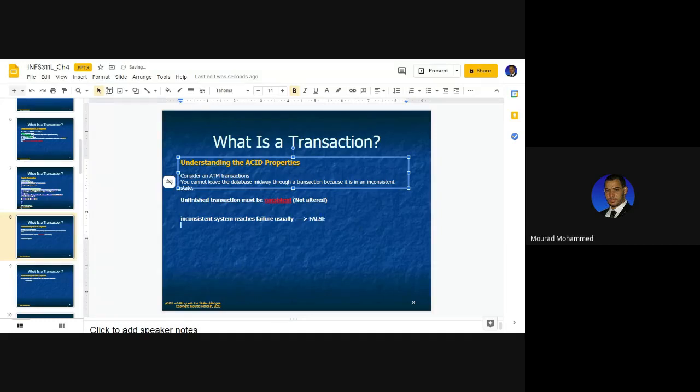But the inconsistent system is due to interferences. The answer is true. You have to understand this aspect here.